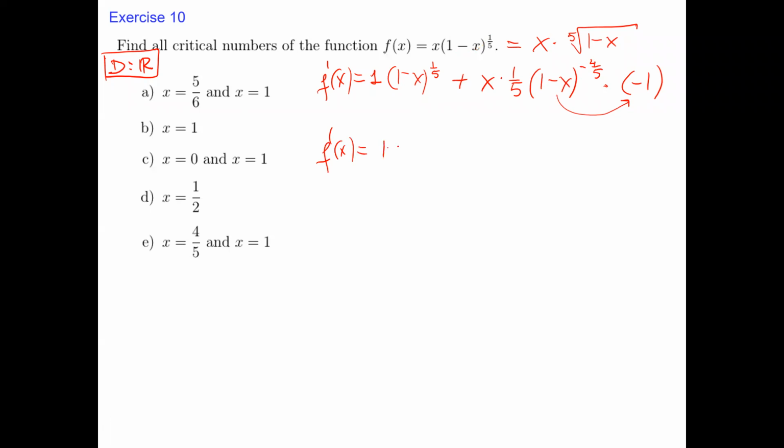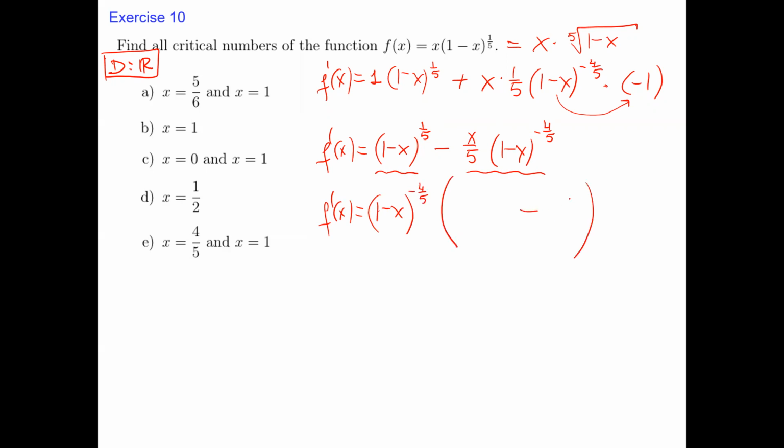Okay, let's rewrite like this. Negative number and x over 5 will be here. Okay, and we have the same situation. We will factor out a common factor. Looking at this quantity and this, the common factor is the quantity 1 minus x to the power of the lower number, negative 4/5. And what will stay? This second quantity, x over 5, will stay.